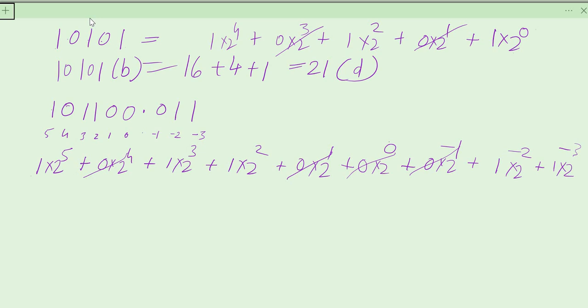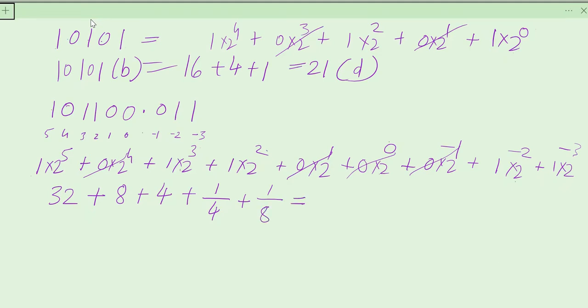1 into 2 raised to 5, that is 32, plus 2 raised to 3, that is 8, plus 2 raised to 2, that is 4, plus, now these three terms are cancelled, and directly this term, 1 divided by 2 raised to 2, that is 1 by 4, plus 1 divided by 2 raised to 3, that is 1 by 8.